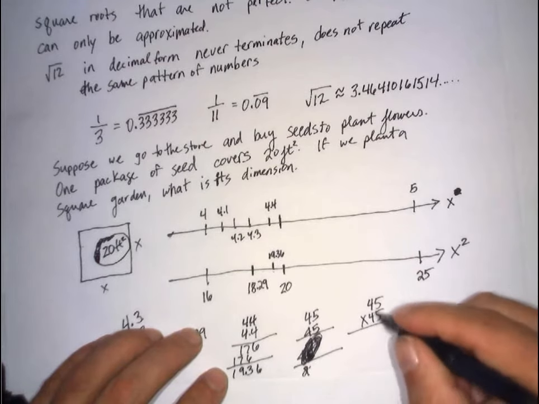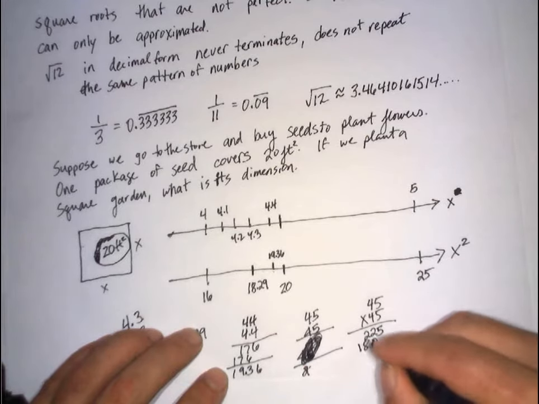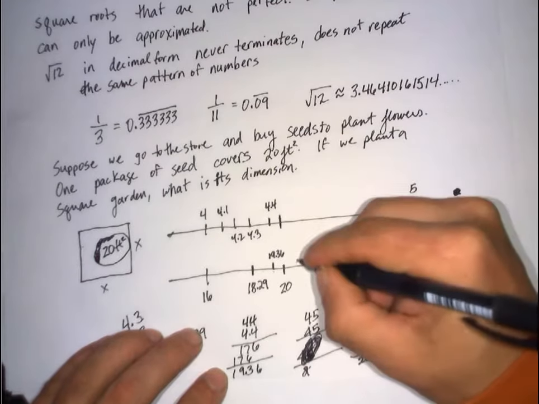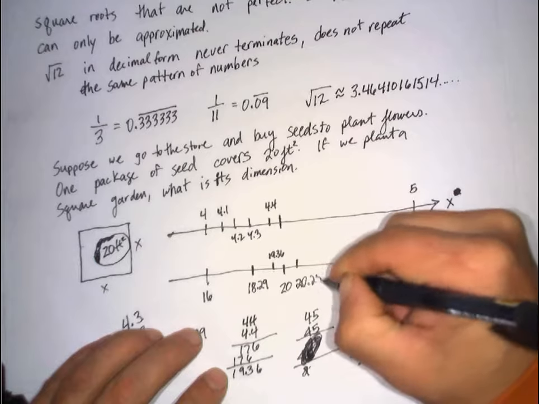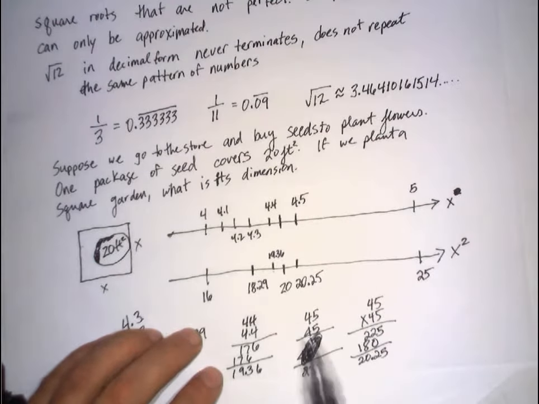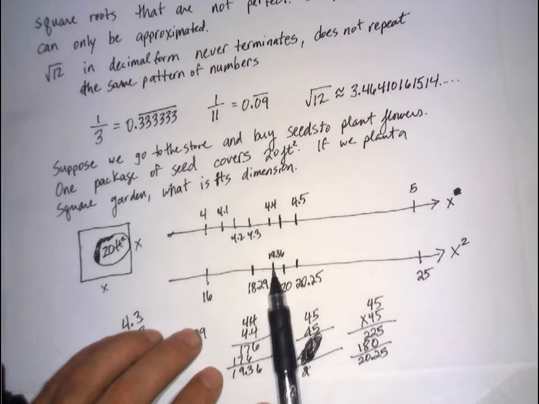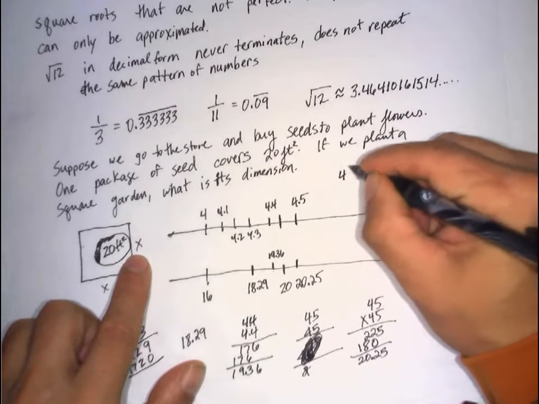This is 45 times 5, which is 225, and 180, which would be 2025. So it's a little closer to 20.25 than it is to 19.36. So I would say that the dimensions should be 4.5 feet long.